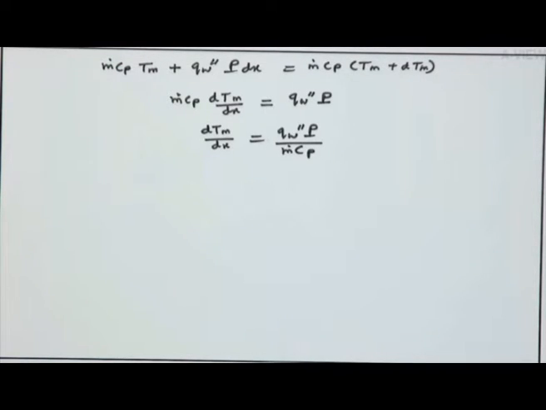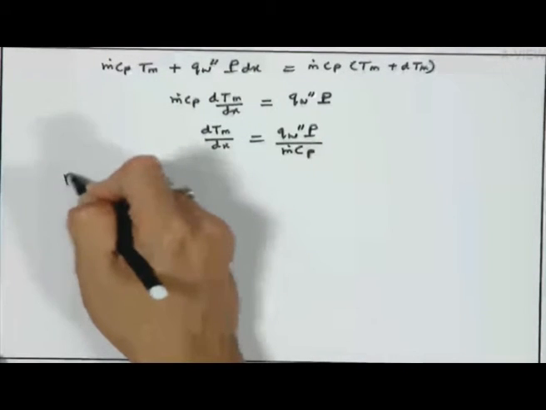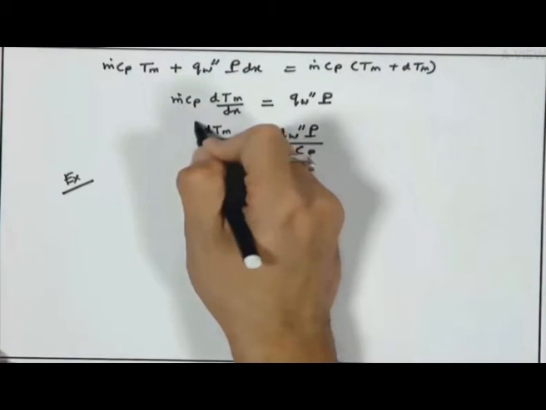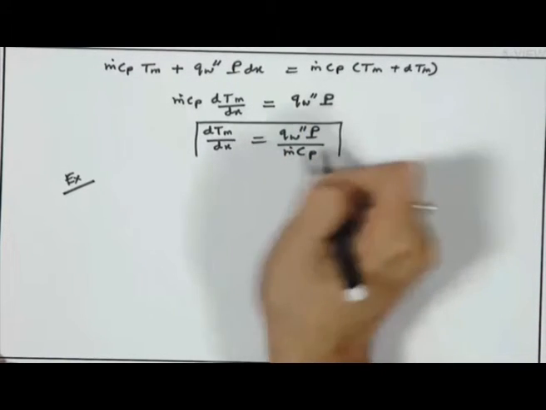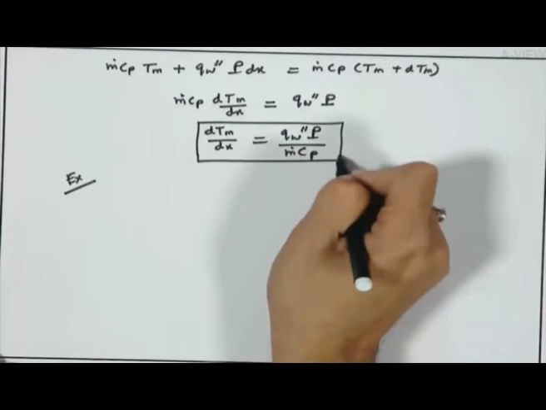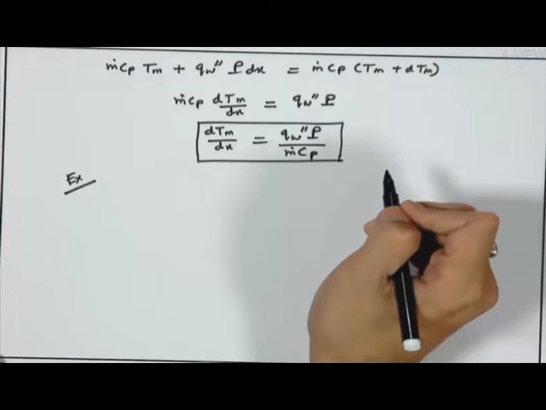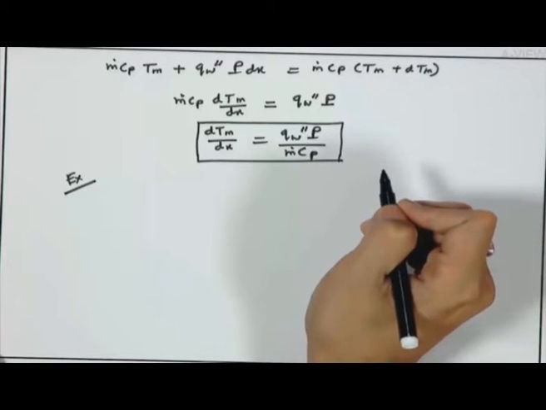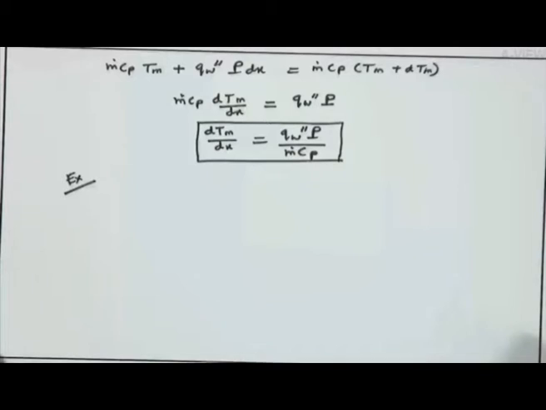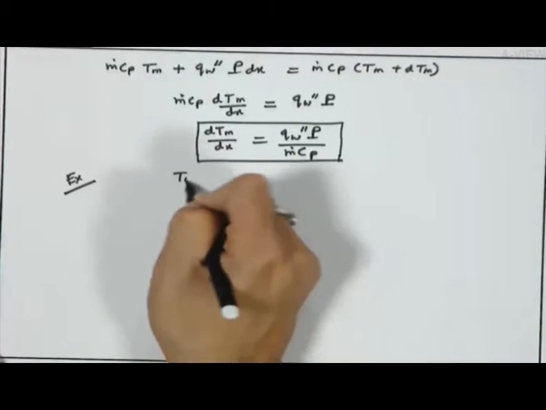Okay. Now, let us assume an example where T wall is constant.